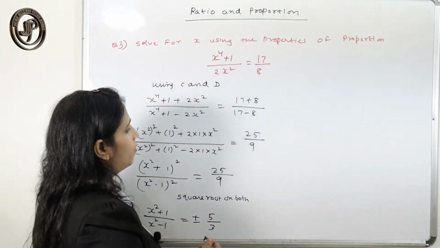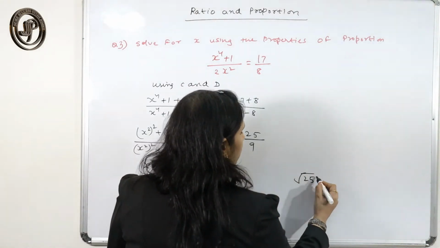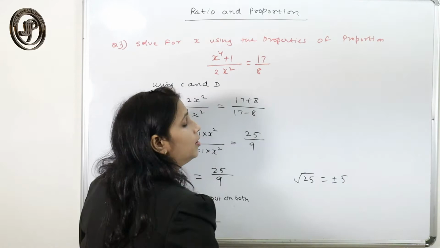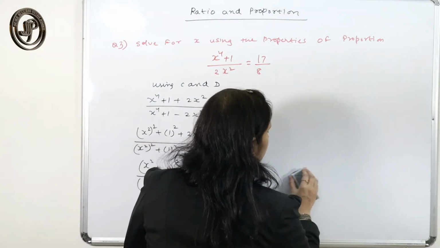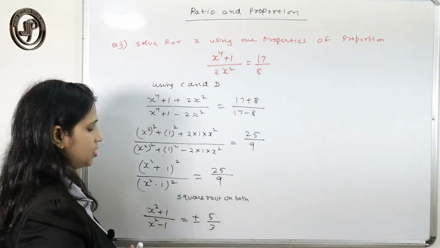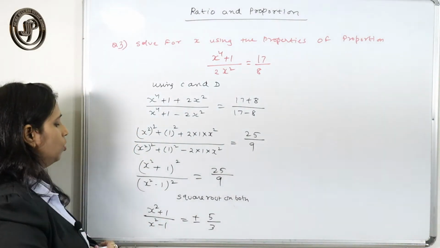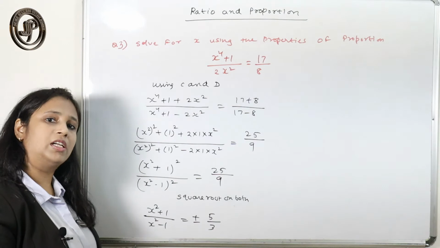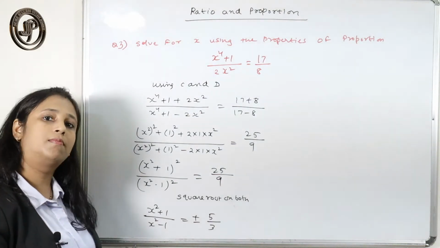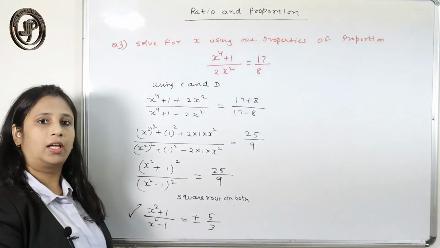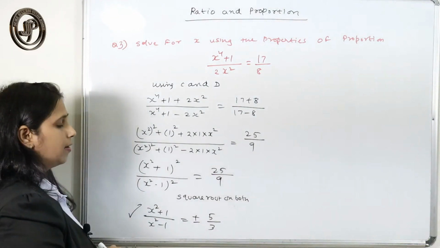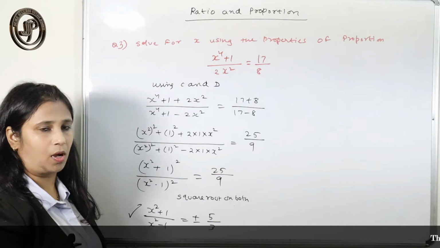Always remember, whenever we take the root of 25, we just have to write plus minus 5. Otherwise, you will lose the marks. So we have to do this question by taking plus 5 by 3 as well as minus 5 by 3. That is the important step where the student may lose marks.